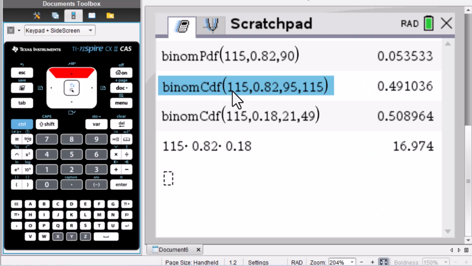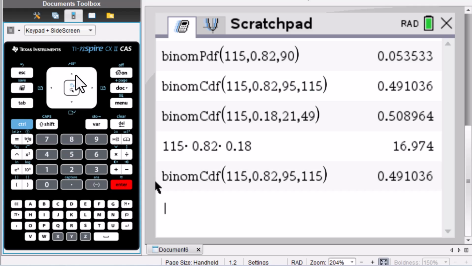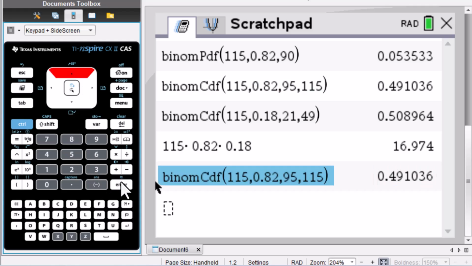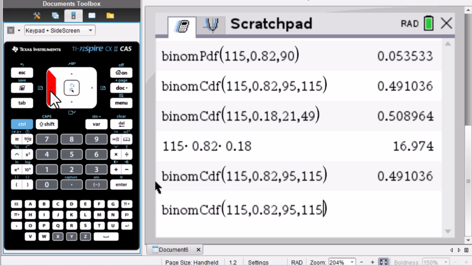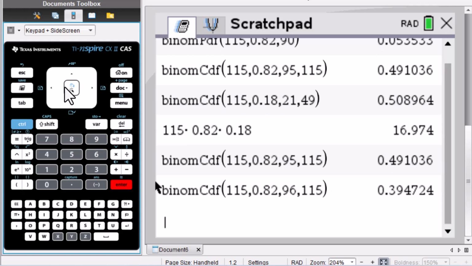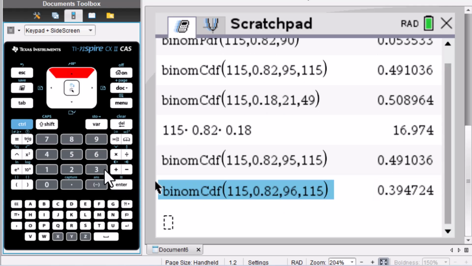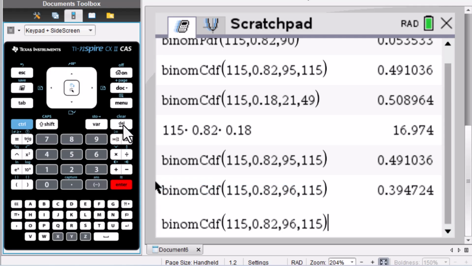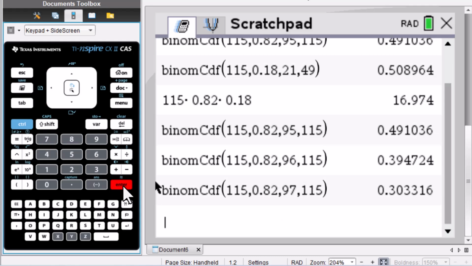Let's get this binomial CDF for 95. Then go up, change this 95 into 96, enter. Change this 96 into 97. Almost there.